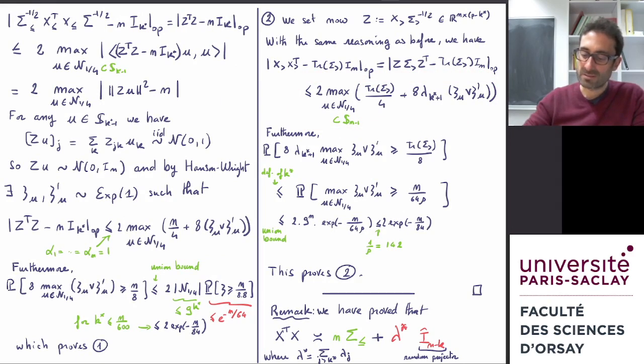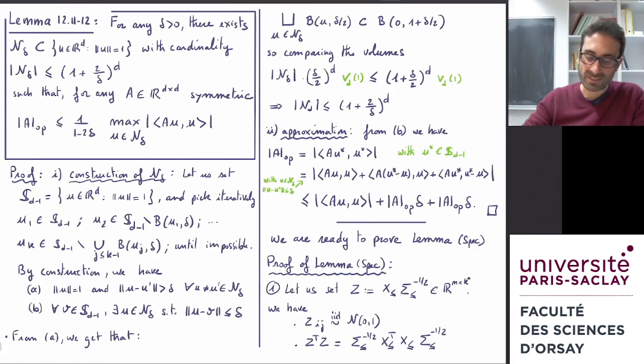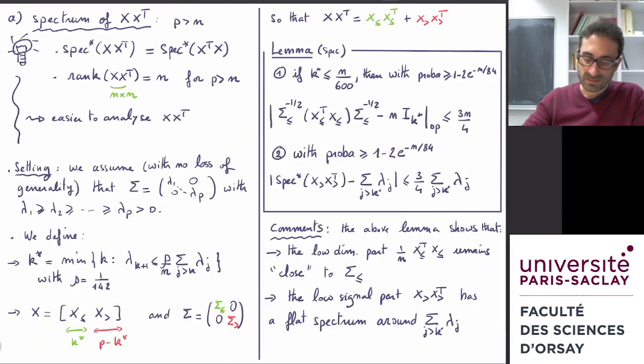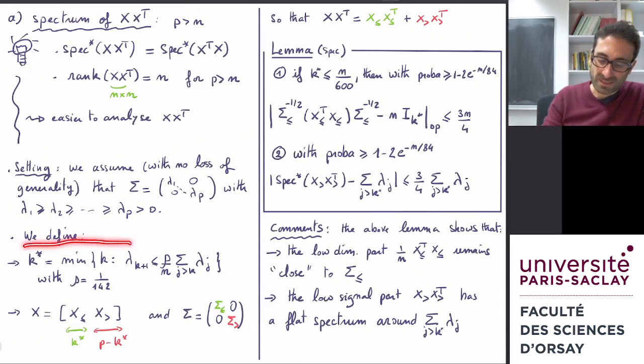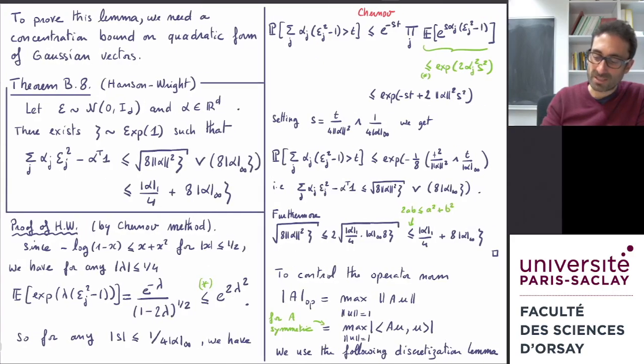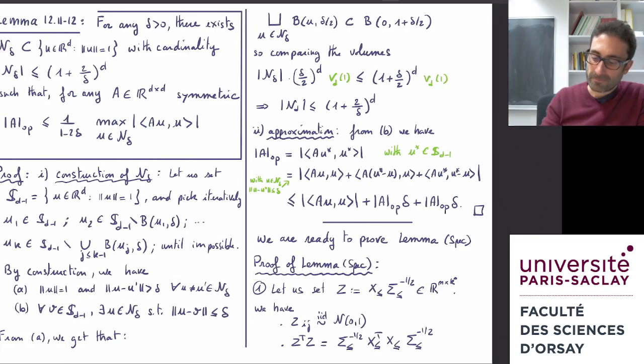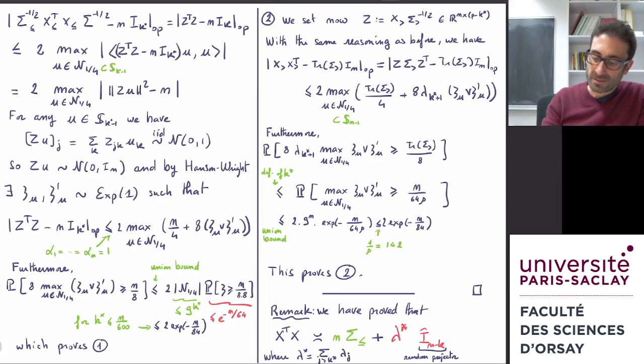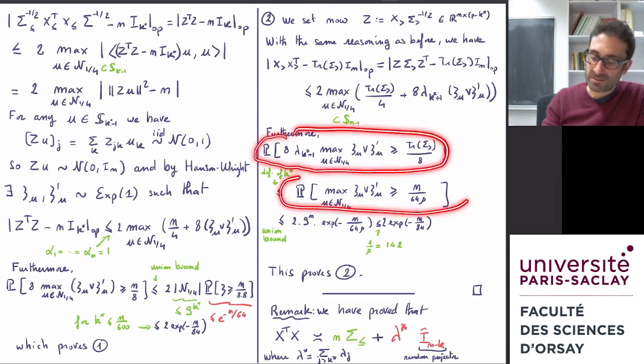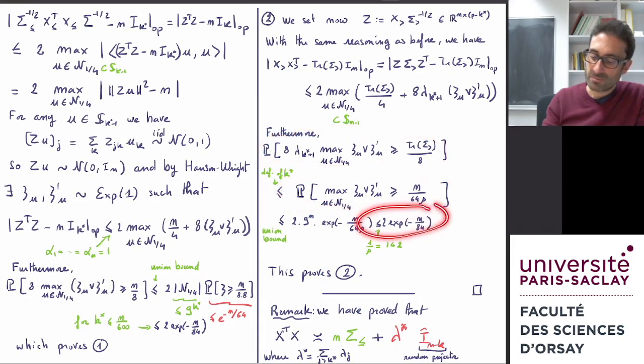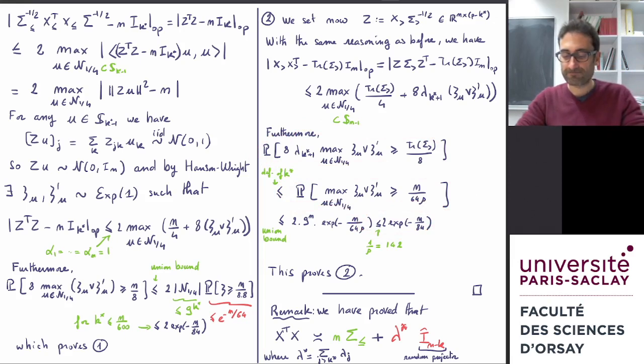And then by using just a union bound on the very definition of k star, I remind you that the definition of k star is the smallest k for which we have this inequality here. So by using this inequality for k equal to k star, we get that this probability is smaller than this one, and with a simple union bound, we get this inequality.